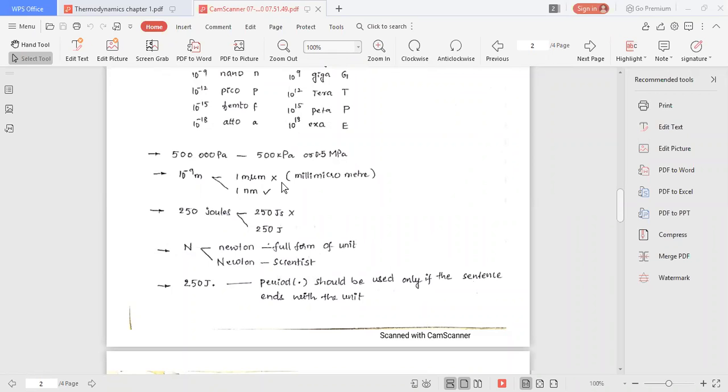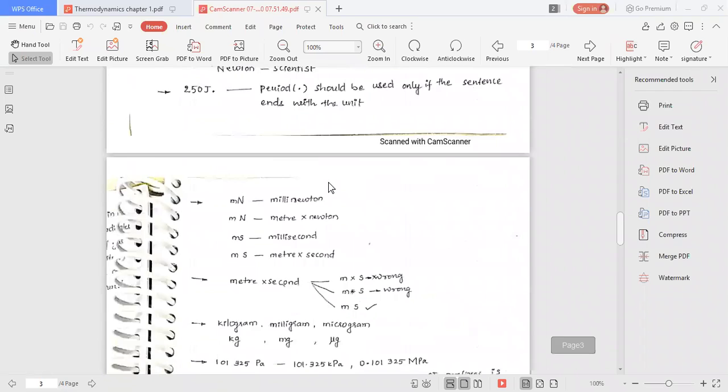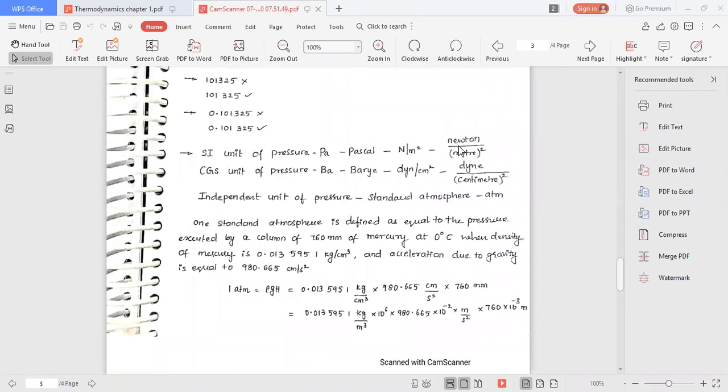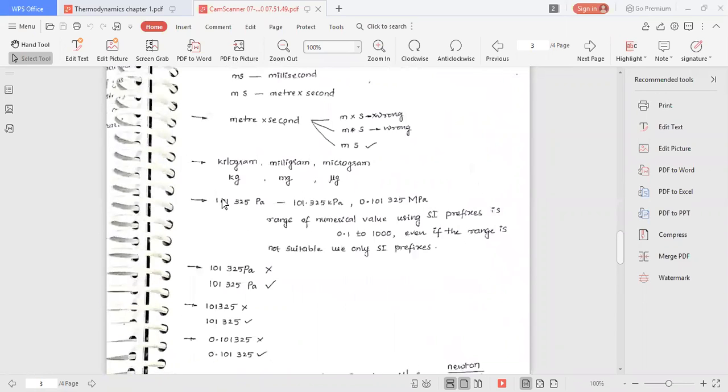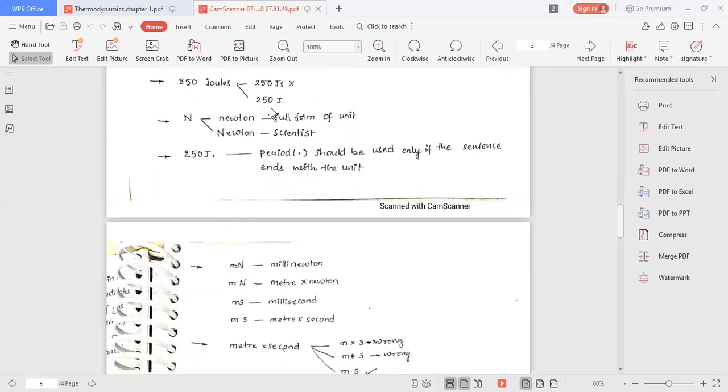You can observe here in the derivation, in the unit of Newton, I have written only small n, not capital N. If you write Newton with capital N, that is wrong, as it refers to the scientist name. Not only Newton, Joule also. If you write capital J O U L E, it is a scientist name, not the unit name. You have to write the full form in small j O U L E.